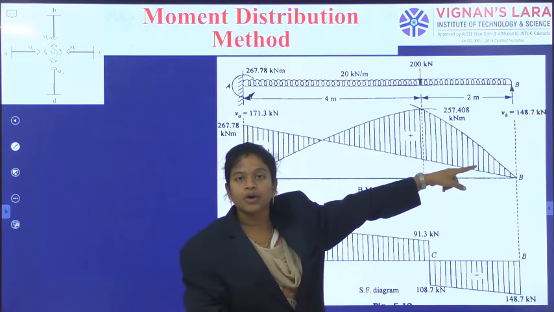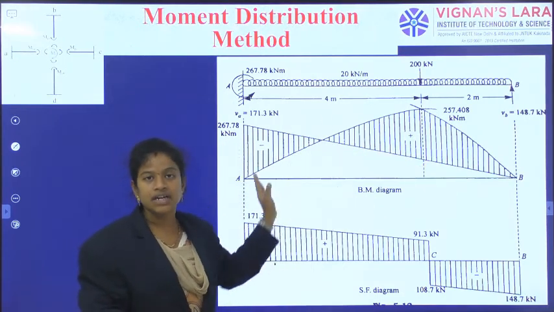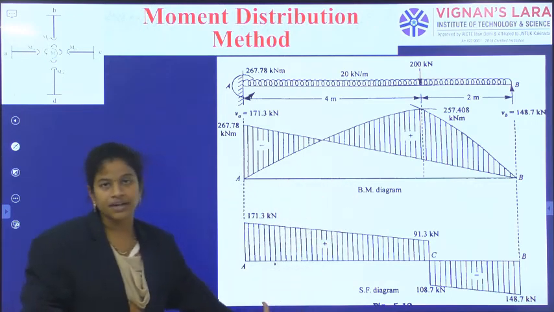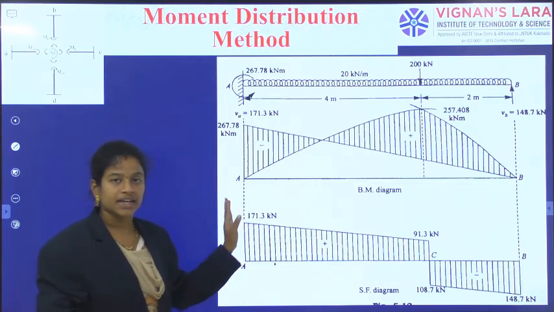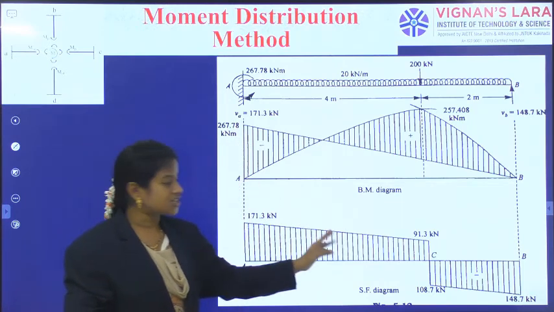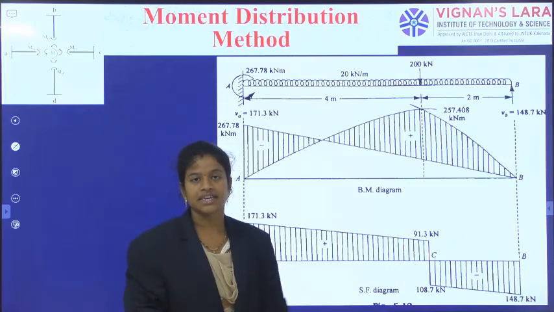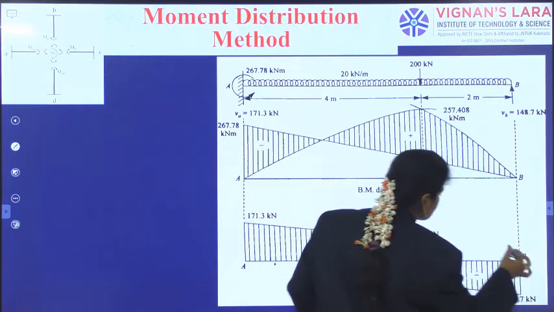Then superimposing the free BMD with the support moment bending moment diagram, we have got the actual bending moment diagram, and from the corresponding points you can indicate the shear force diagram. Shear force at A support is equal to the vertical support reaction, shear force at C point is equal to the corresponding answer, and shear force at B is equal to the support reaction at B.